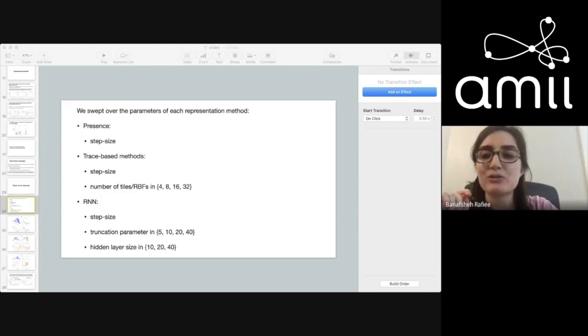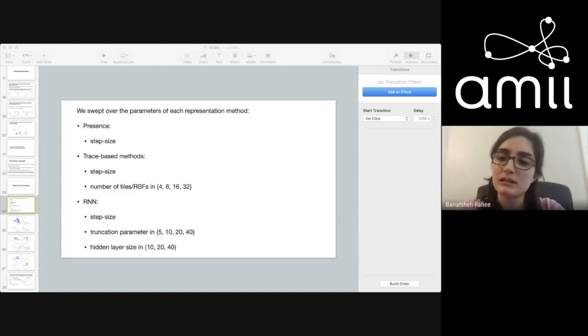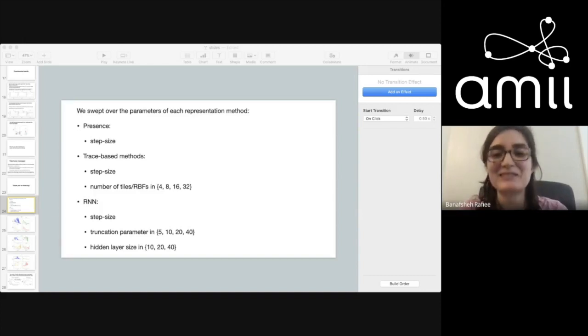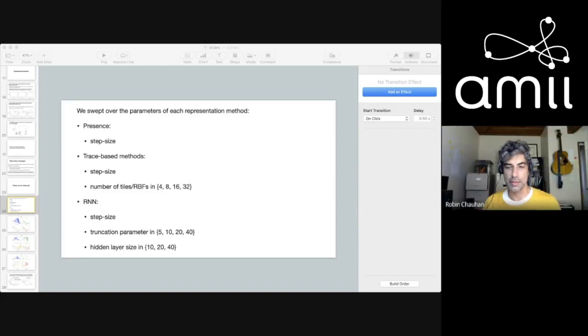No, because the return of the US doesn't depend on the CS, and the ISI is the time from the CS to the US. So now there's another relationship between the two. Sorry, it's a really basic question, but I'm just trying to understand if the return is meant to rise before the CS happens. Is that on purpose, or is that something we want to avoid?